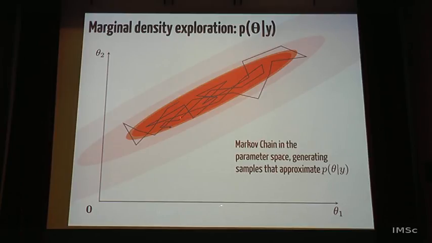So you see here, I have my chain that jumps from one part to another of the parameter space, but when I look at the histogram of the path, I will get the distribution. So the Markov chain in the parameter space is generating samples that approximate the posterior distribution.